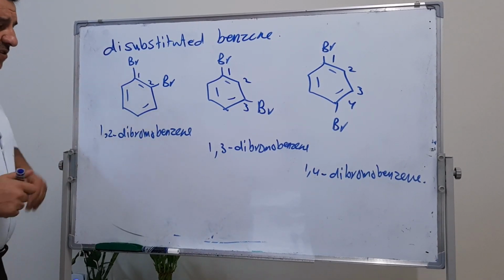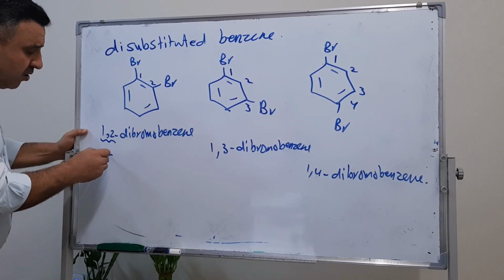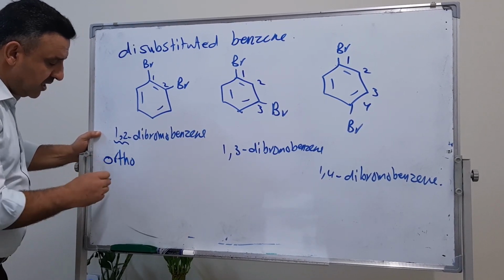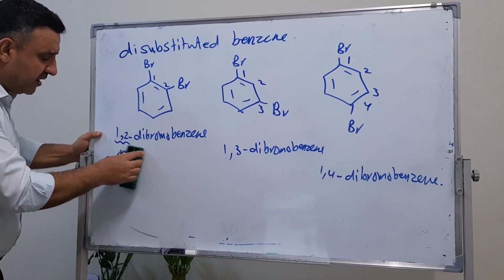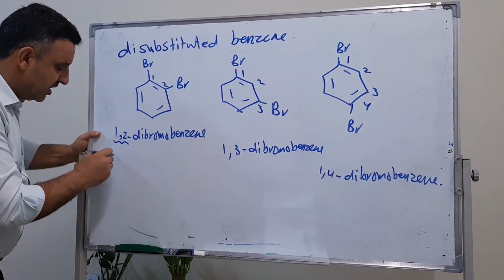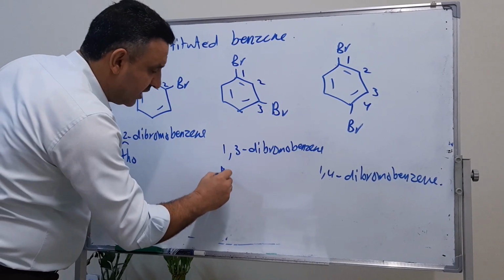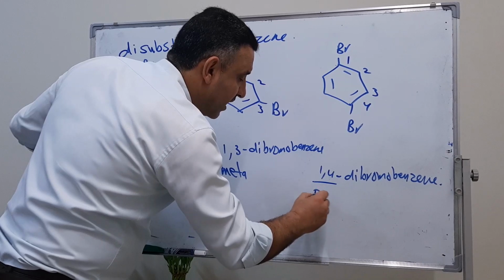Specifically for benzene, instead of saying 1, 2, we may say ortho, and we simply use the first term. The 1, 2 can be used, or we can use ortho instead of it. 1, 3 we can say meta, and 1, 4 is para.